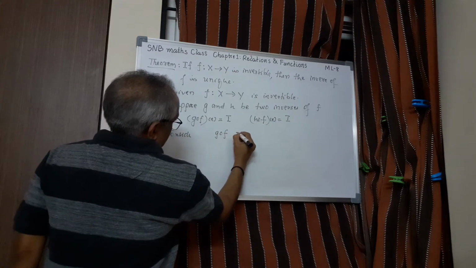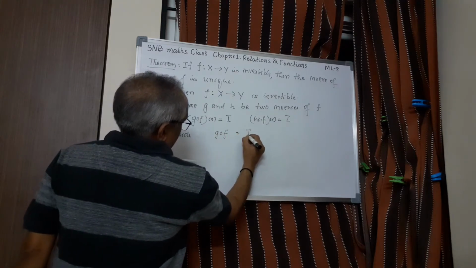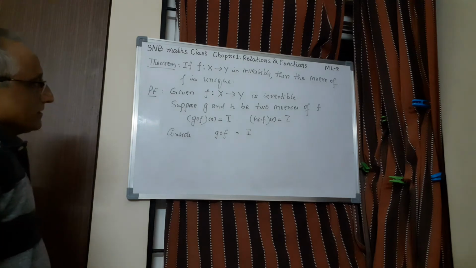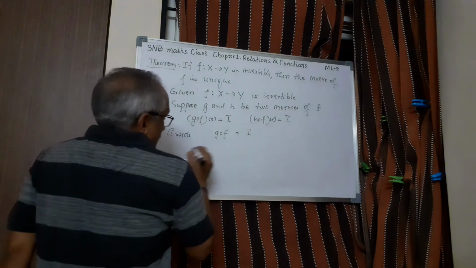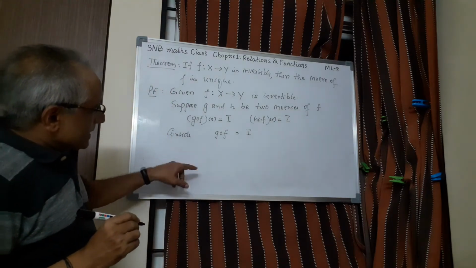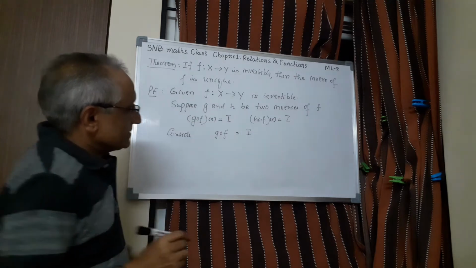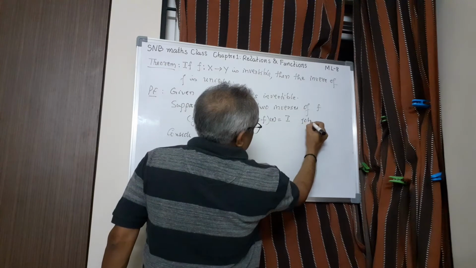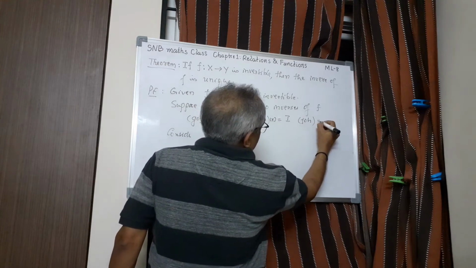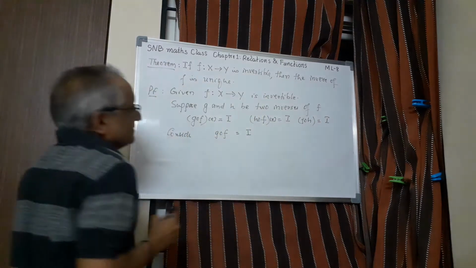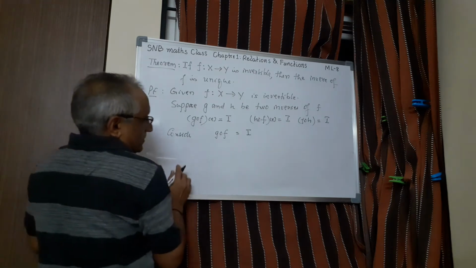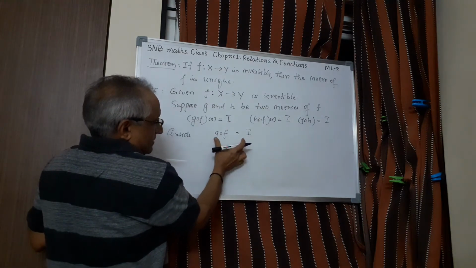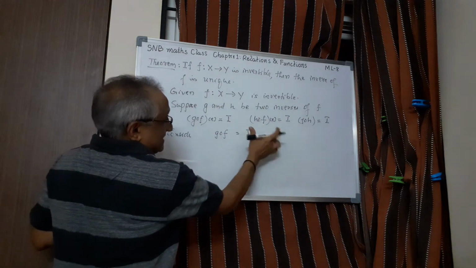Now let us consider g of f, this equal to I. Now what I do is, I will take the composite function with h. See here, this means actually f of h, this is also I only. So what I do now is, I will take the composite function of this with h.